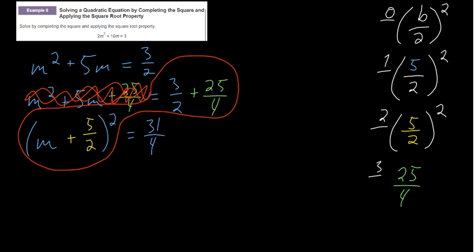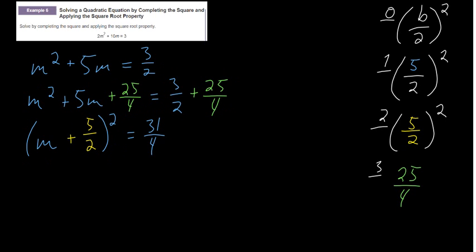Of course, this would just be a thing that you do the more you practice along, right? But I guess for now, maybe not skip that step. Okay, and I won't either for the remainder of this particular section. So anyways, let's take the square root of both sides. So we're going to have m plus 5 halves is equal to the square root of 31 over 4, so it's going to be plus or minus the square root of 31 over 2, right?